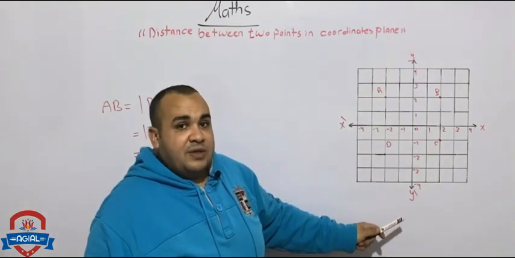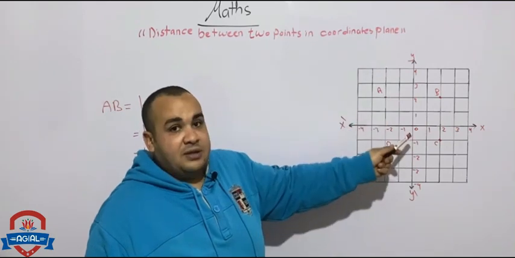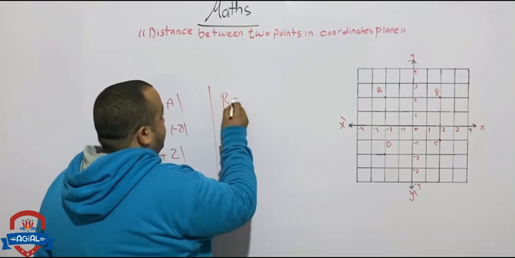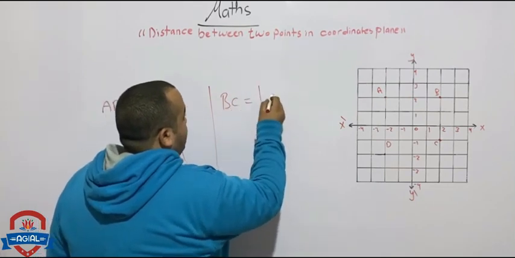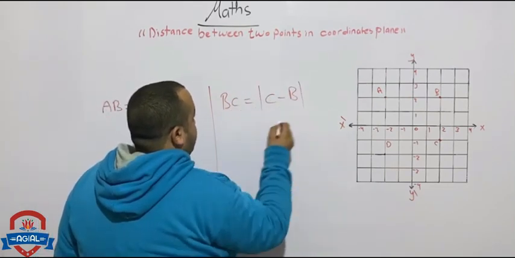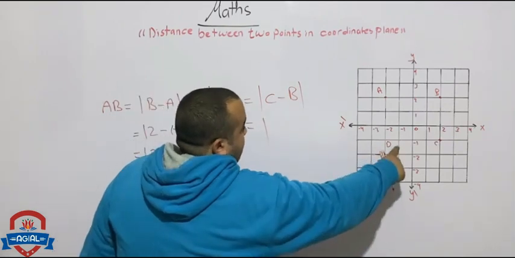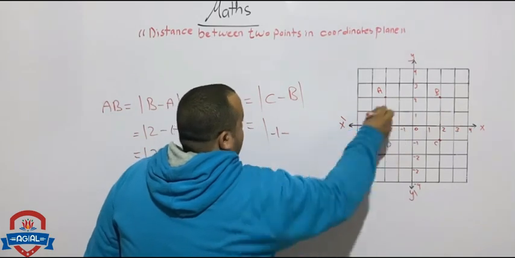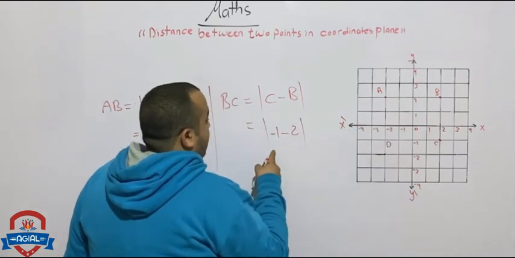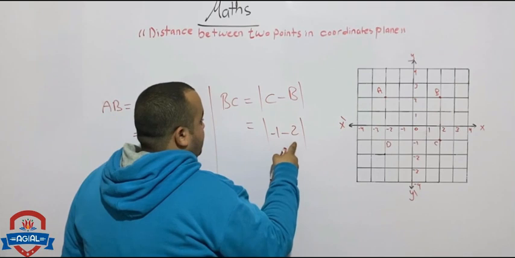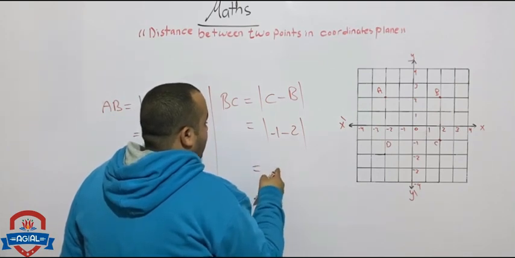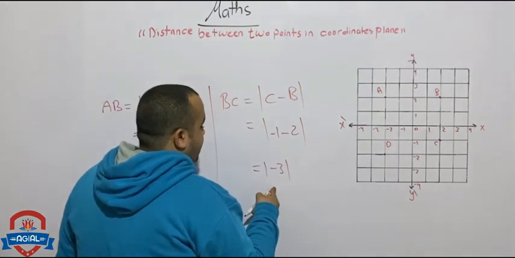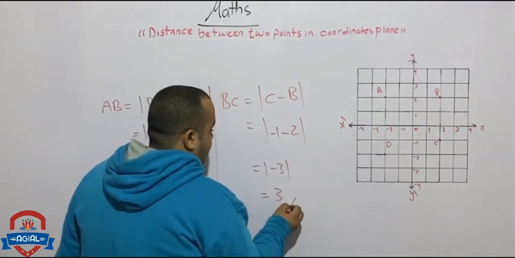So we can use the straight line YY dash to find the length. The length of line segment BC equals the absolute value of C minus B. C equals -1 and B equals 2. So the absolute value of -1 minus 2 equals the absolute value of -3. And the absolute value of -3 equals 3.